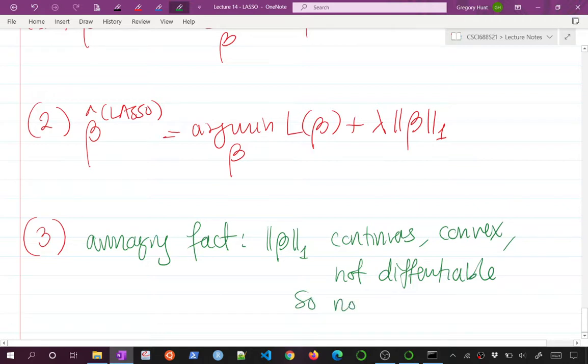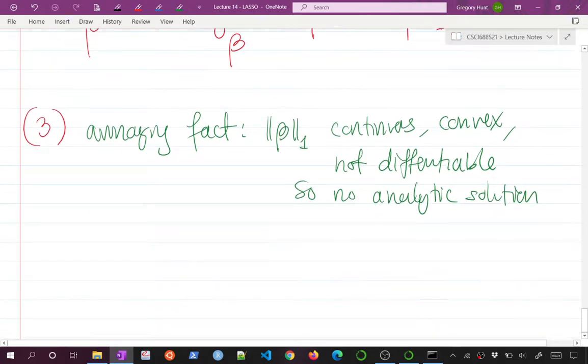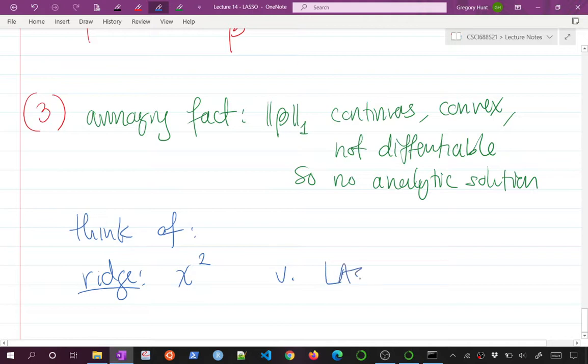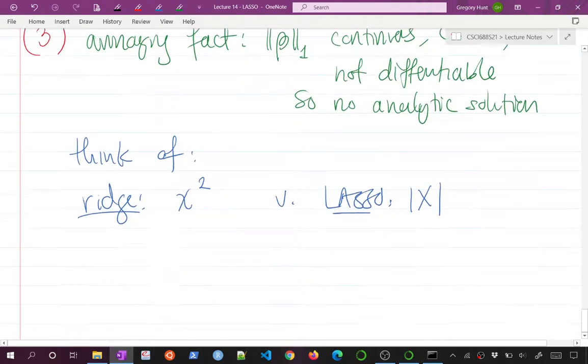So no analytic solution. Think of it this way. The ridge was looking at the 2 norm, so it's basically looking at something squared, versus lasso is looking at the absolute value.